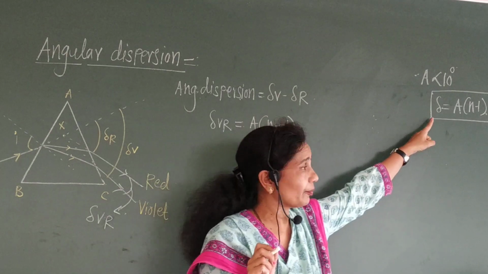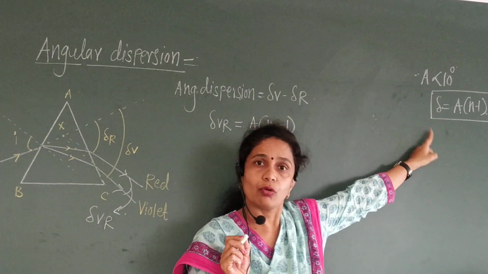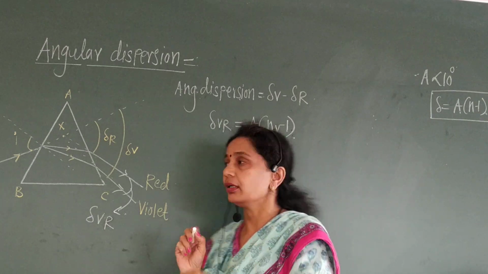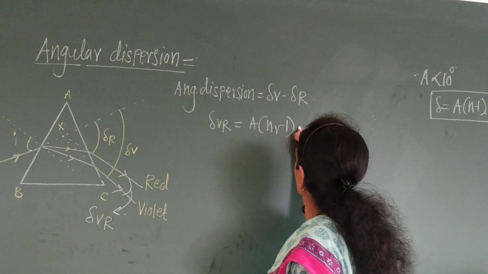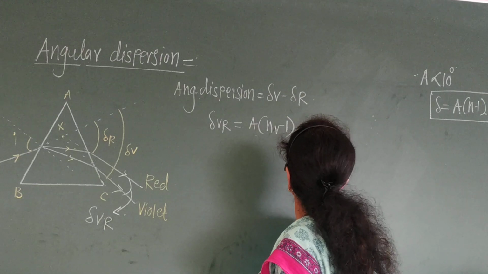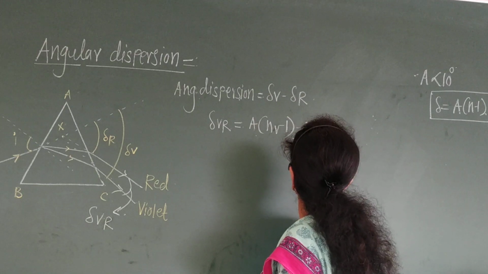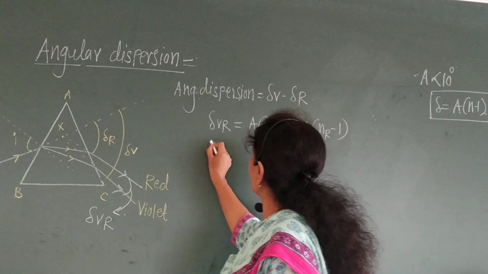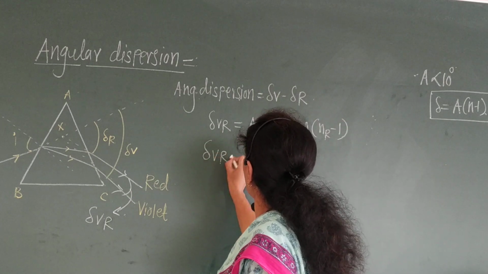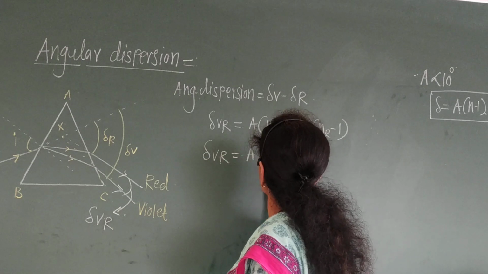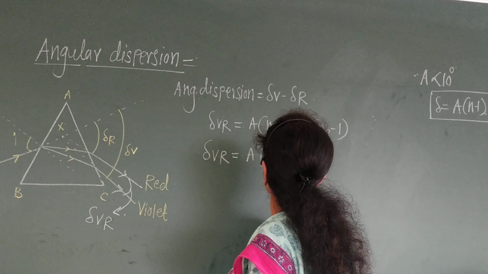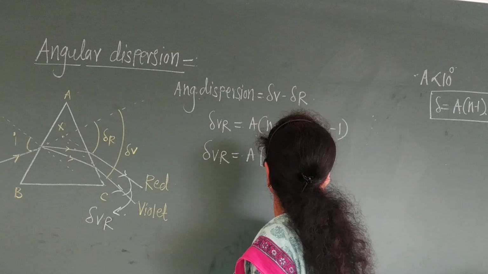Use this formula for violet color and for red color. A is constant, the refracting angle is constant, minus A into nR minus 1. Therefore delta VR is equal to A into the bracket nV minus nR.